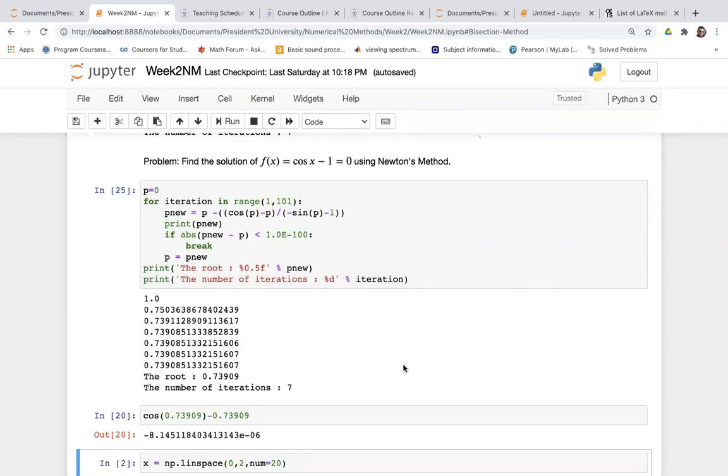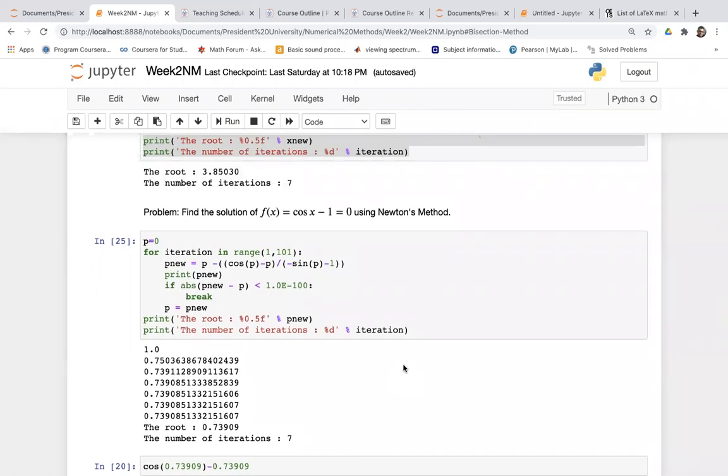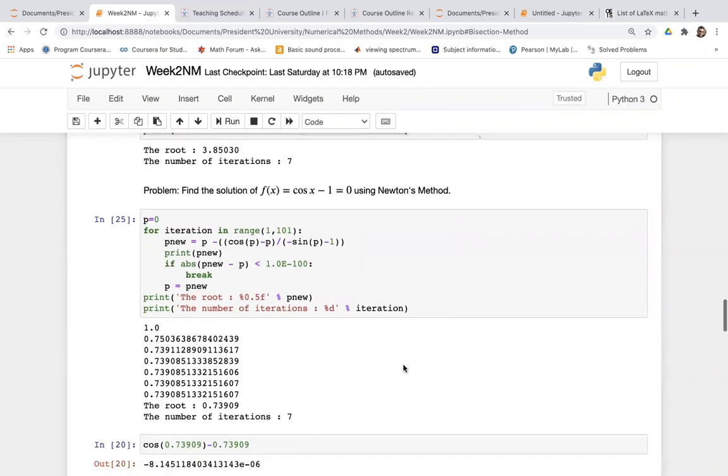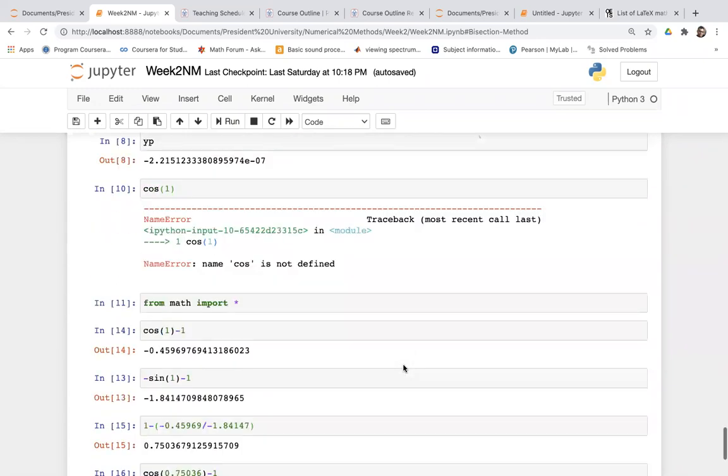And you can see the advantages of both. The Bisection method does not require the function to be differentiable. However, it gives us slow accuracy, right? The Bisection method gives us slow accuracy, as you can see in the previous example.